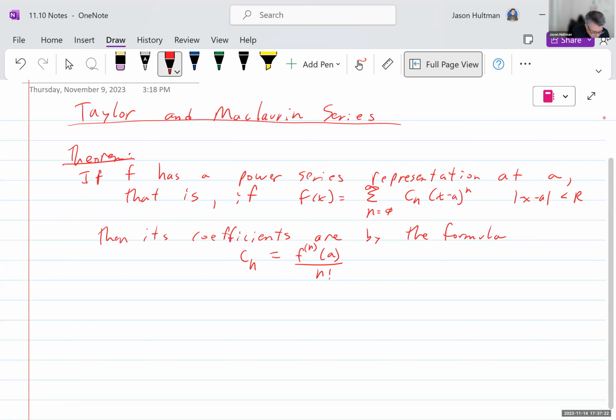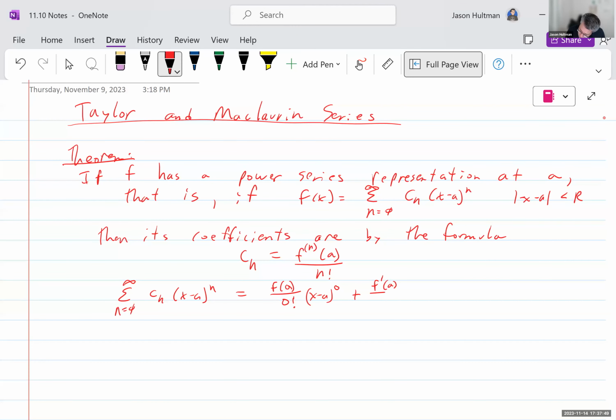Okay, so let's write this out a little bit. The summation as n equals 0 to infinity of c of n times (x minus a) to the nth is equal to the 0th derivative, which is just the function, over 0 factorial, times (x minus a) to the 0th power, plus f prime of a over 1 factorial times (x minus a) to the first power, plus f double prime of a over 2 factorial times (x minus a) squared plus, and this just goes on forever, dot, dot, dot.